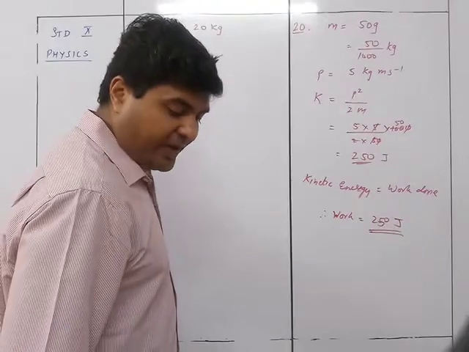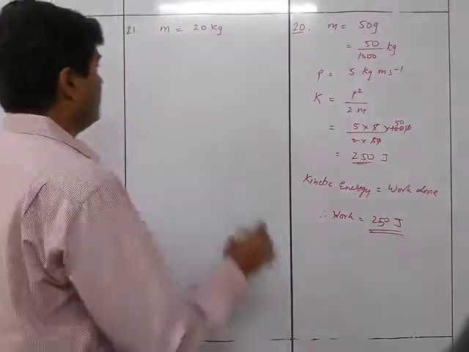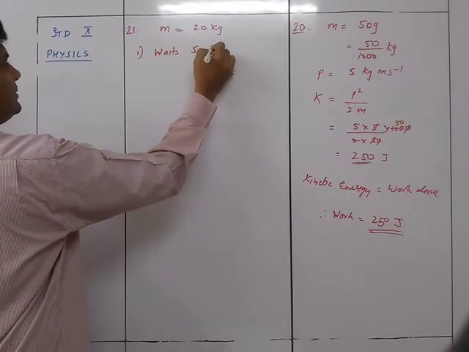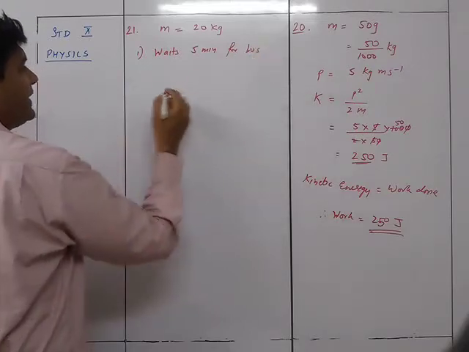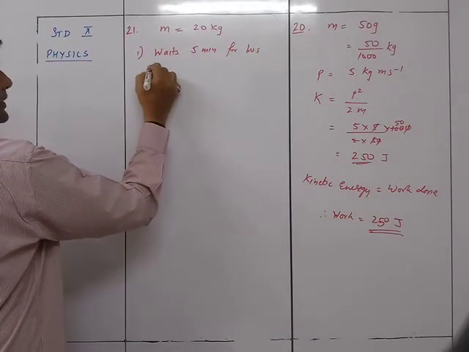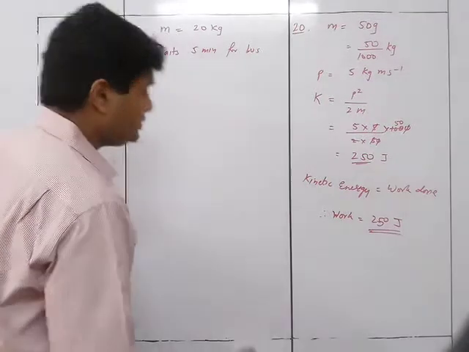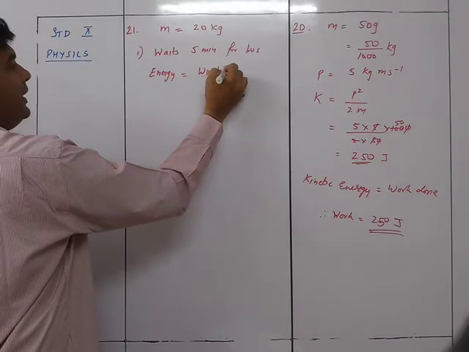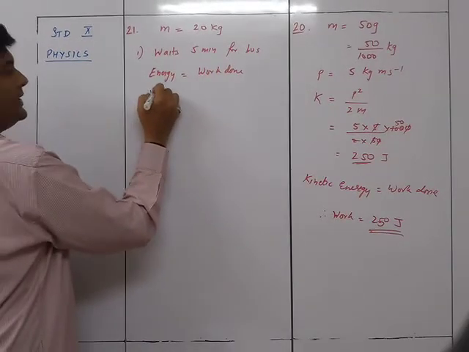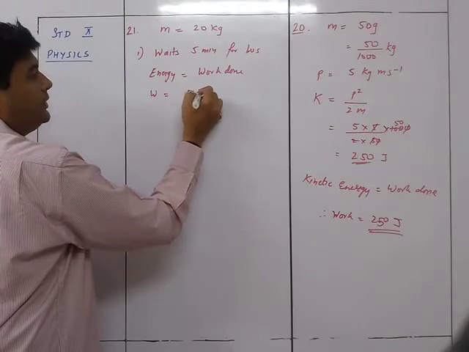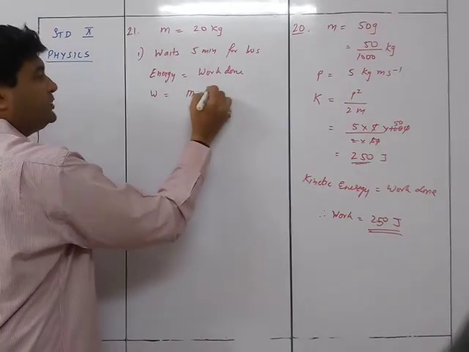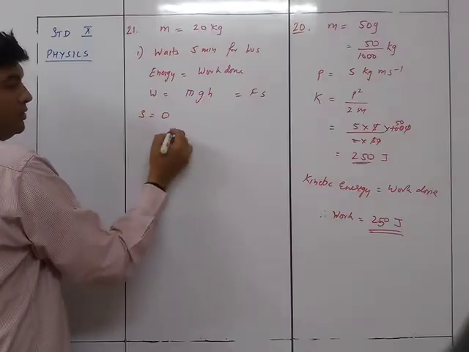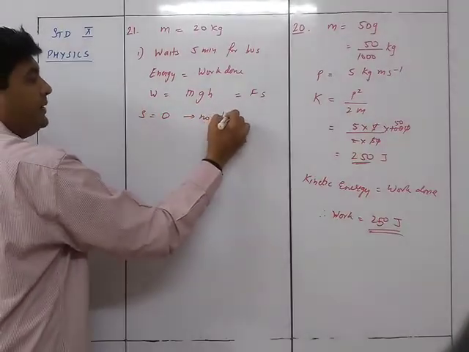He carries the box, waits for 5 minutes for a bus. So you can see displacement. We know that we need to find out the energy. So energy is equals to work done, and we know that work done is equals to M into G into H, or we can say is equals to F into S. So S is equals to 0 because no displacement.